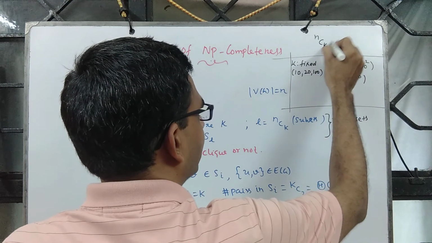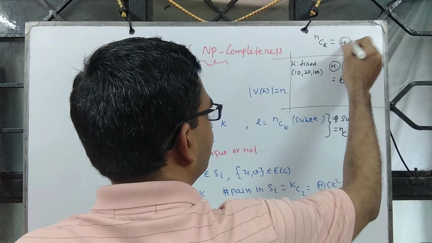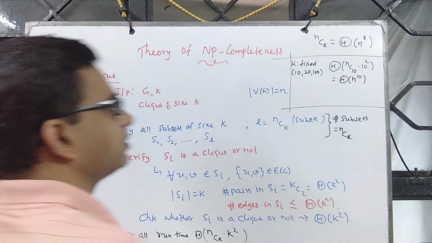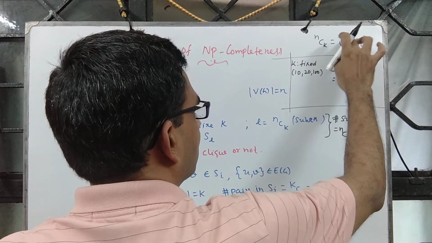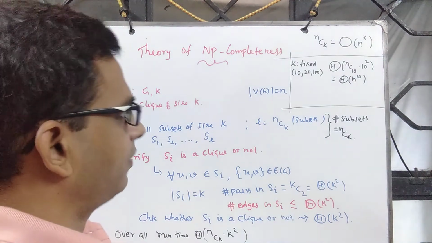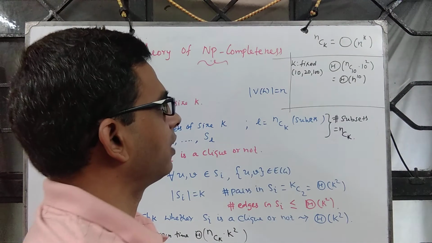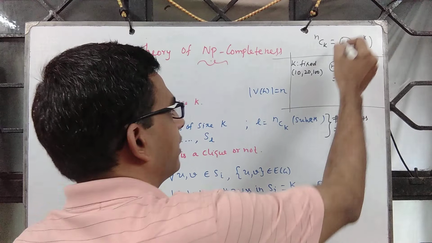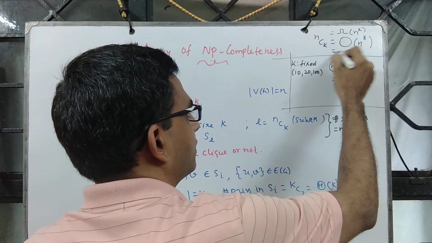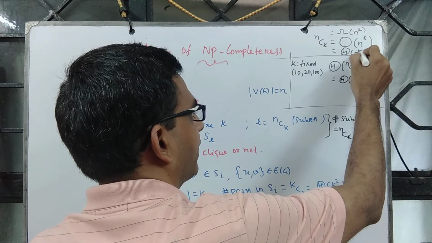So n choose k is theta of n power k. On the safe side, let me write order n power k. You can verify that it is order n power k and omega of n power k. Therefore, it is theta of n power k.